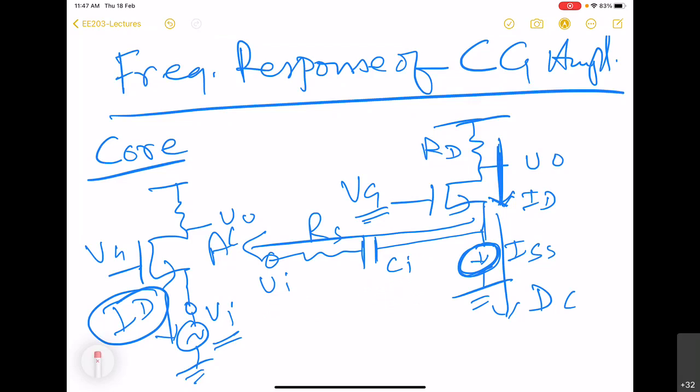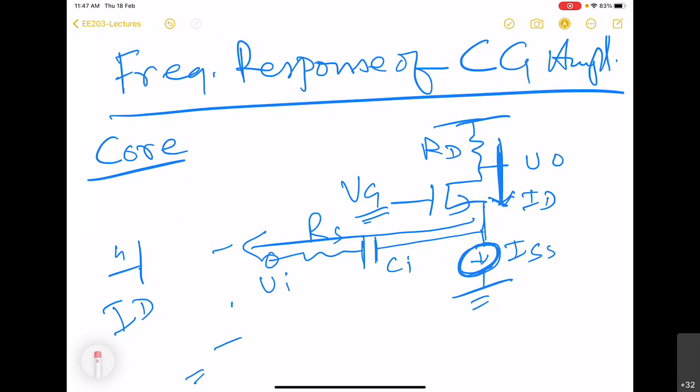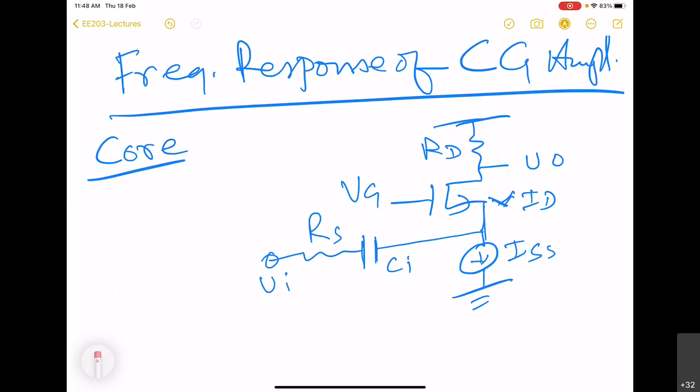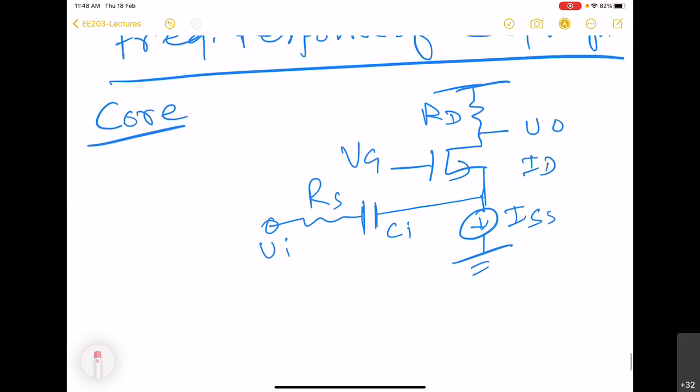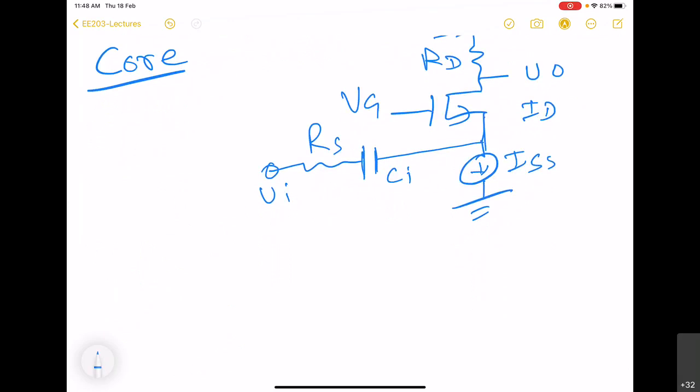This one is sufficiently general also. We have to then analyze this circuit for low frequency and for high frequency.